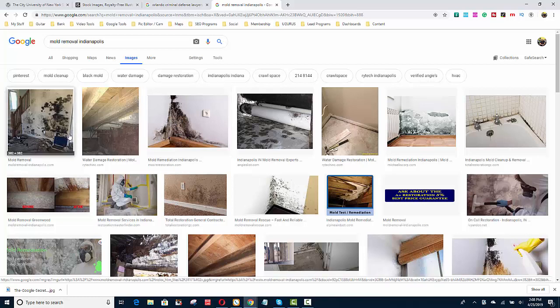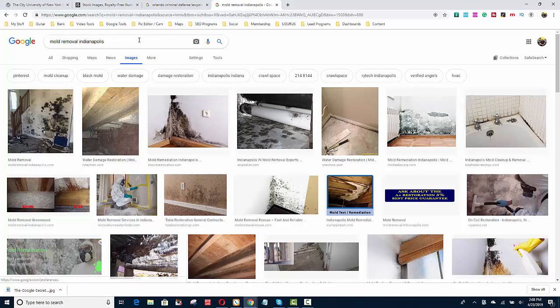Right here, that's where the wall is ending. Wall meets wall, not in this one, but there's mold. This is a corner shot right here. That's a corner shot right there. So if I was going to add pictures to my website for that keyword, these are the type of pictures that I would want to add to the website.